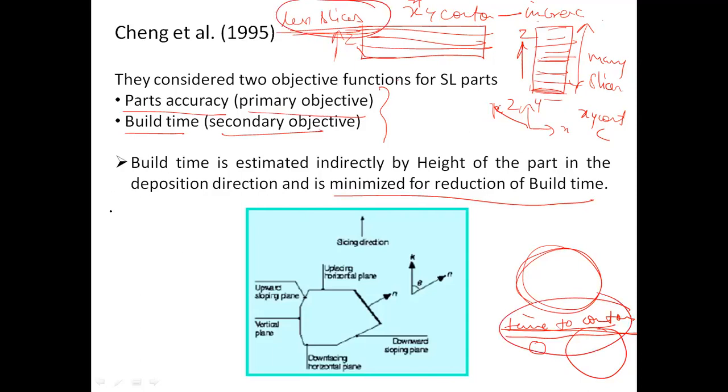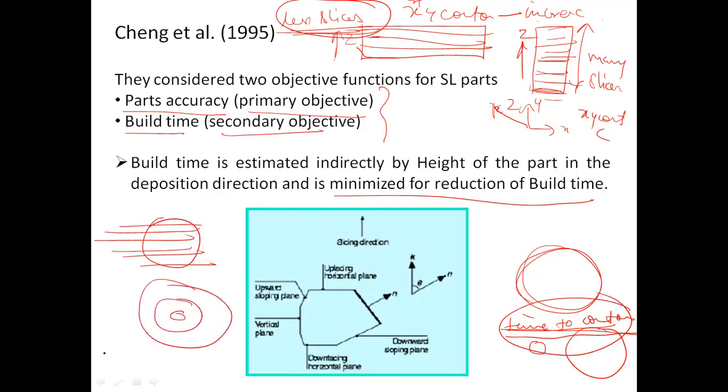Suppose you have a sphere and you cut it along the z-axis: there will be a smaller circle, the next layer a larger circle, the next layer an even larger circle. So each layer will have a different time to contour. When different times to contour come into the picture, the overall time to fabricate the part, or the build time, is going to vary.